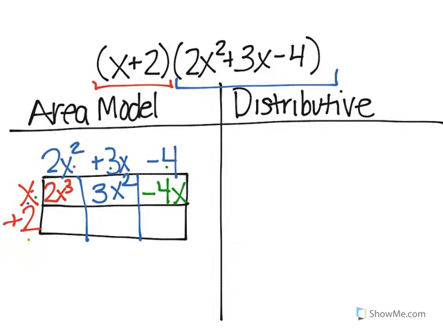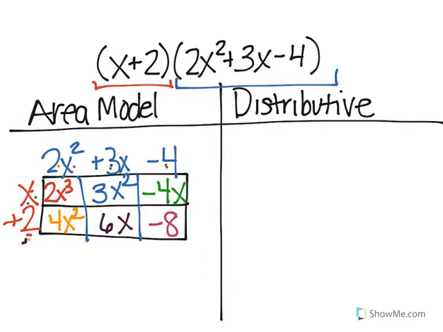First, I'll multiply 2 times 2x squared, which is 4x squared. Next, I'll multiply 2 times 3x, which is 6x. And finally, I'll multiply 2 times negative 4, which is negative 8.